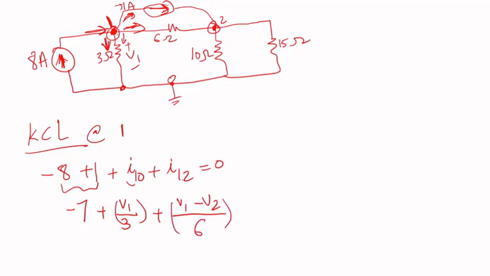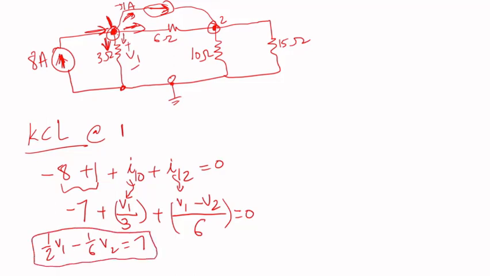I'm just doing Ohm's law. So it's equal to 0. Then if I simplify, I'll get something like 1/2 times V1 minus 1/6 times V2 equal to 7. I wrote them in terms of V1 and V2 because those are the unknowns. So we can call that equation 1.